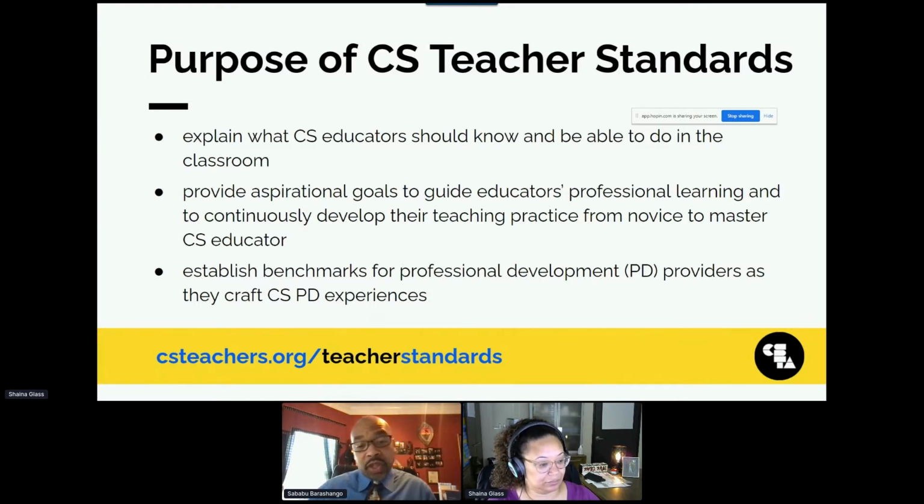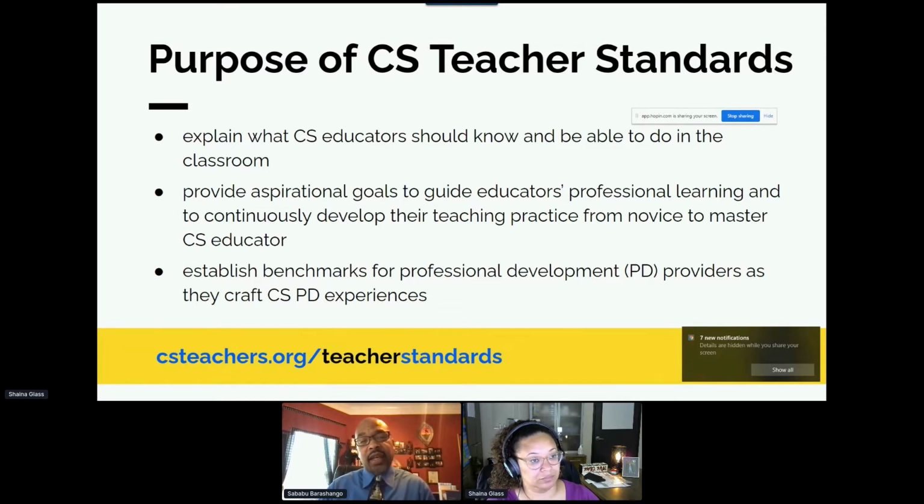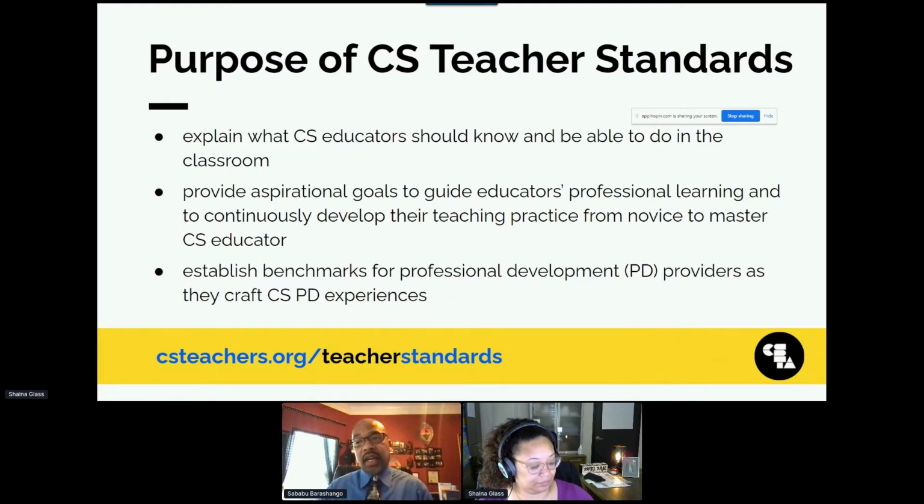These new ones were developed in concert with the International Society for Technology in Education, also known as ISTE, where a team of 13 educators wrote the standards during 2019 and then published them in 2020. Since then, we've had teams of wonderful volunteers help create new resources that support those computer science standards.